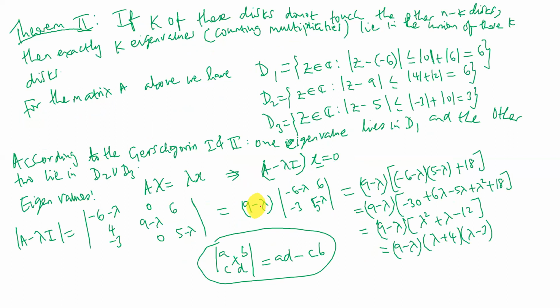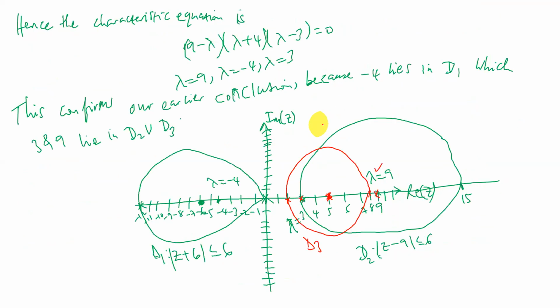And hence theorem 2 says that if k of these disks do not touch the other n minus k disks, right? Here we have that one disk doesn't touch the other 2 disks.